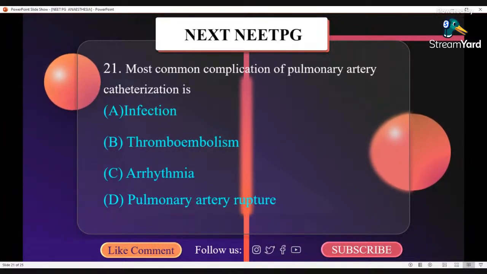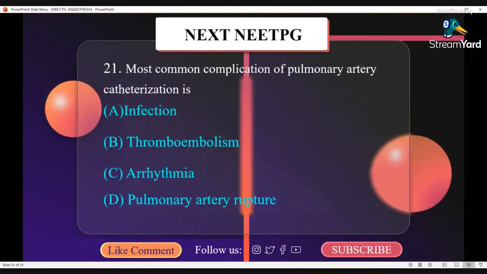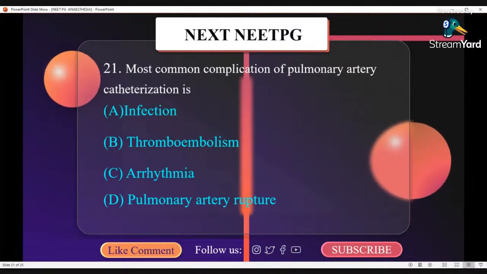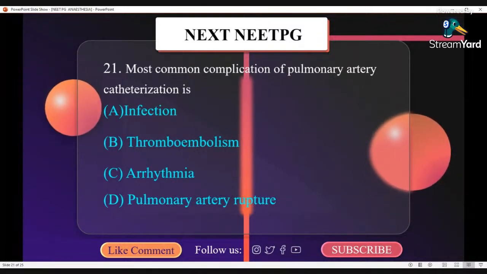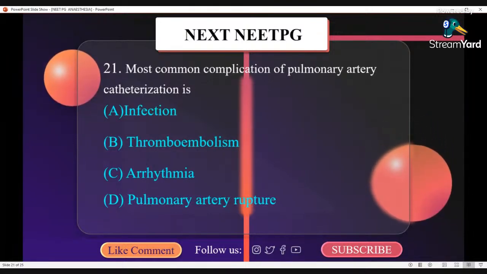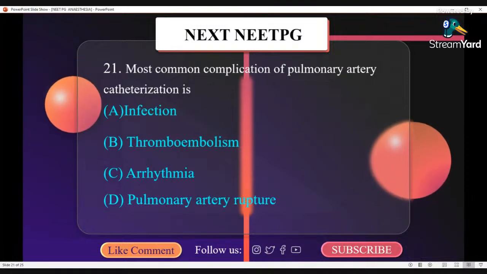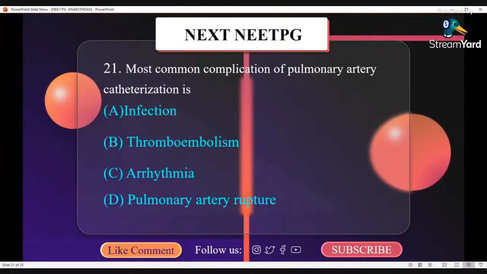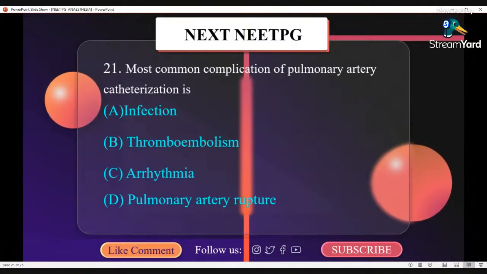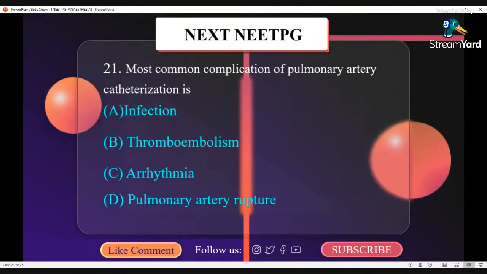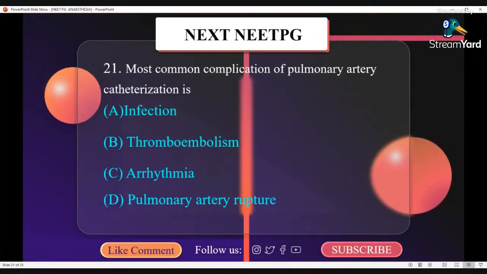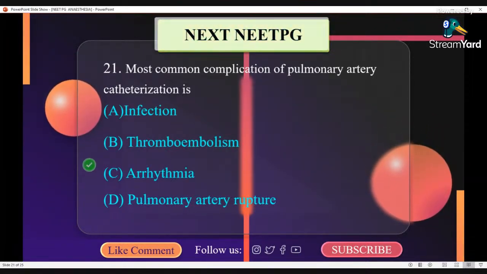It is so common. Other complications are ventricular fibrillation, right bundle branch block, complete heart block, catheter knots, thromboembolism, pulmonary infection, endocarditis, endocardial damage, cardiac valve injury, pulmonary artery rupture, and pulmonary artery pseudoaneurysm. So the most common complication is arrhythmia. So correct option is C.